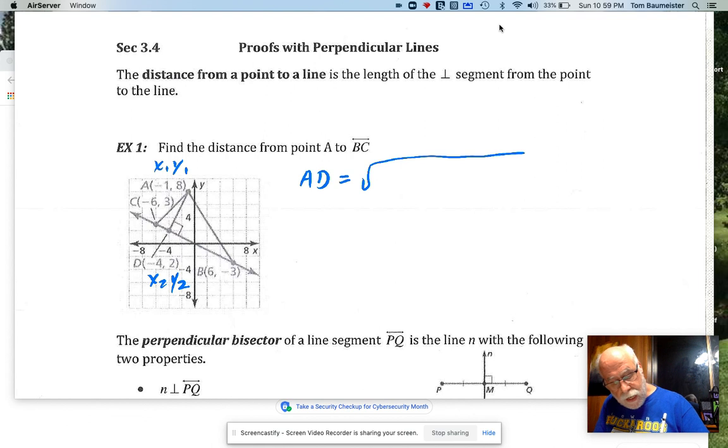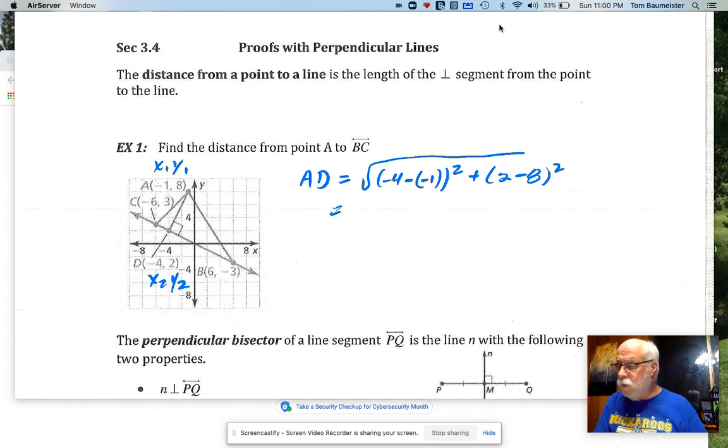So we're going to say (-4 minus -1) squared plus (2 minus 8) squared, which will give us -4 plus 1, which will give us (-3) squared.